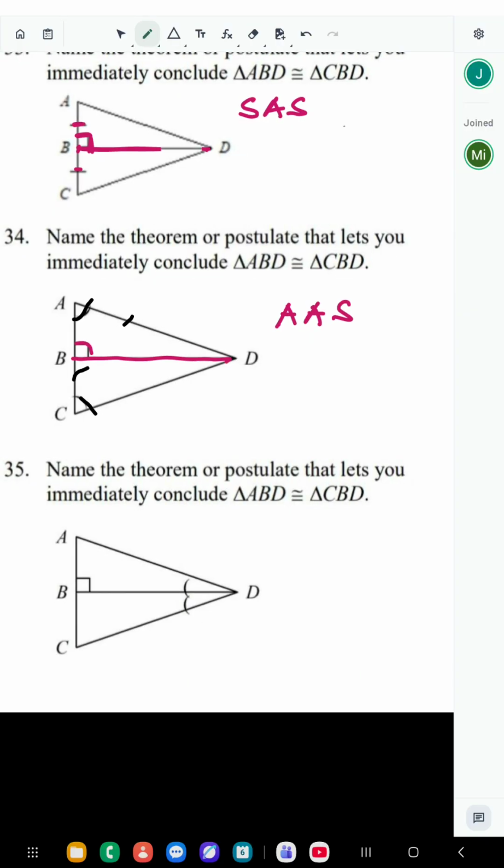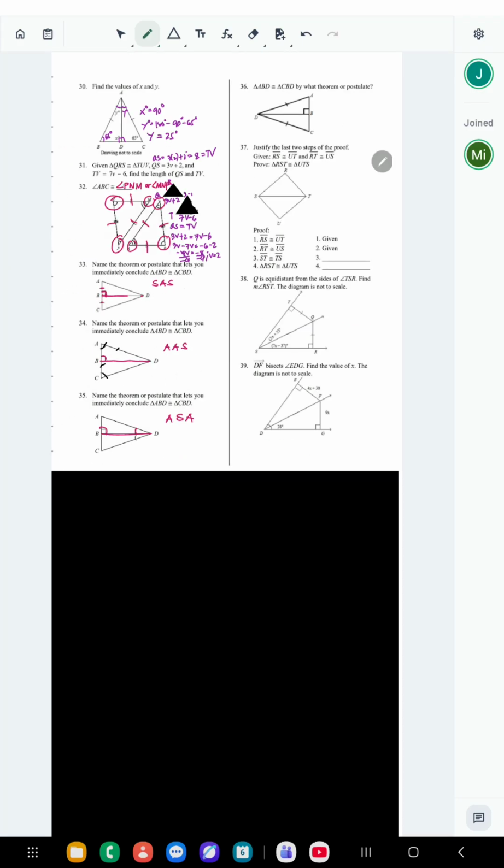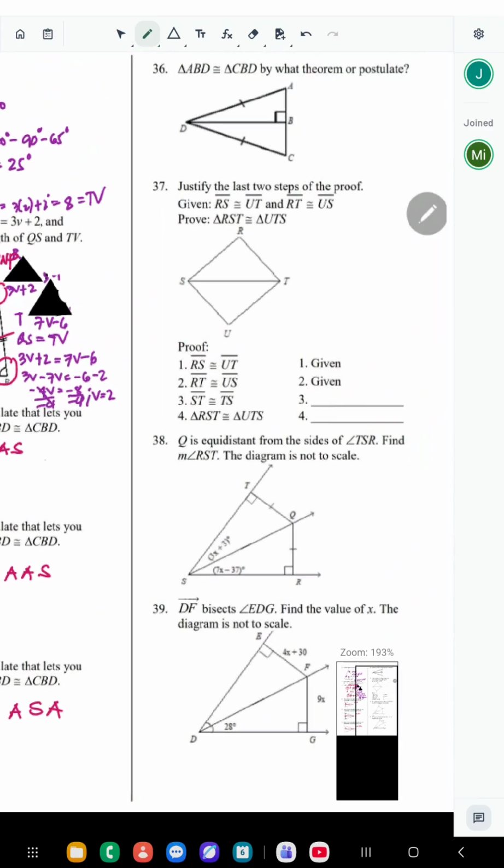The next one, number 35. Name the theorem or postulate that lets you. Okay, this one, we have angle, side, angle. So that means ASA, angle-side-angle triangle congruence. Okay, no questions on that.